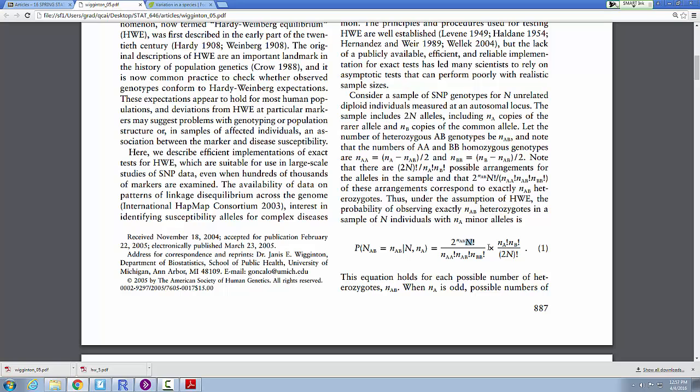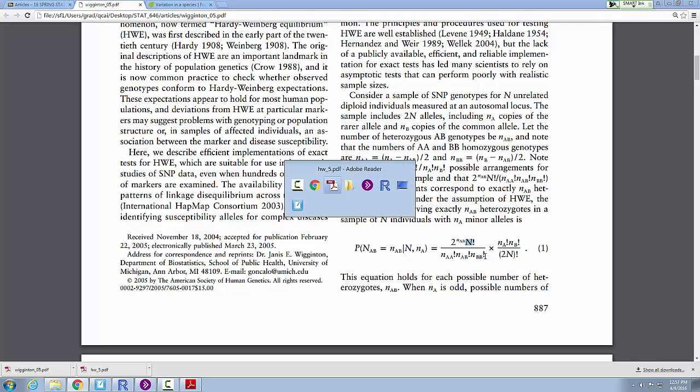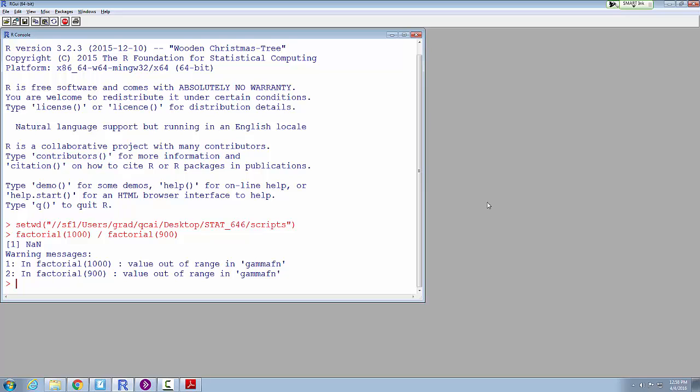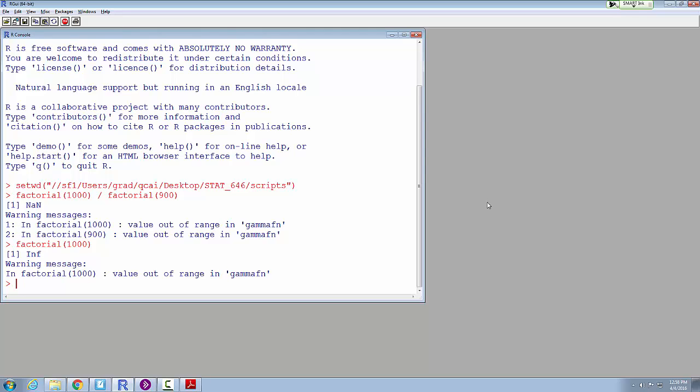So if I need to know, for example, what's 1,000 factorial divided by 900 factorial? If I say factorial 1,000 divided by factorial 900, I get a problem because factorial 1,000 is too big. It broke the computer.